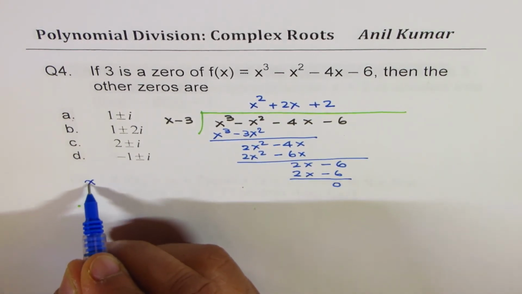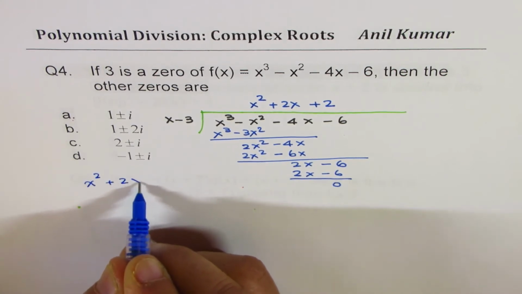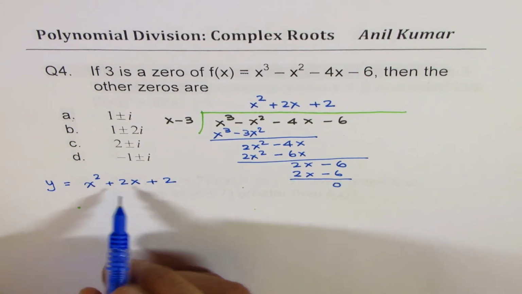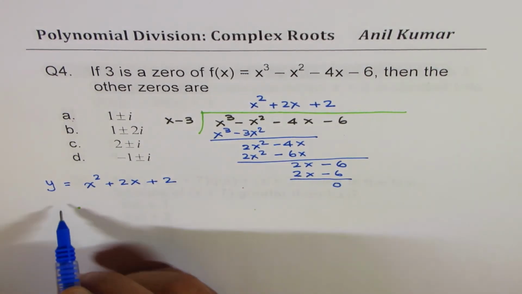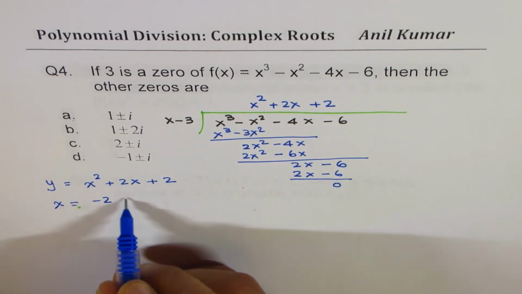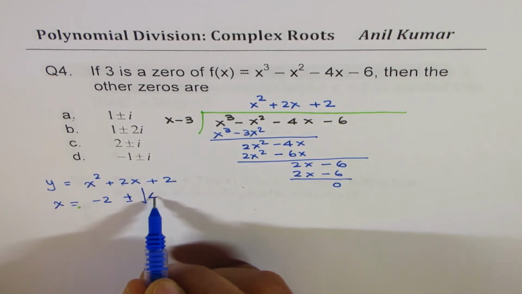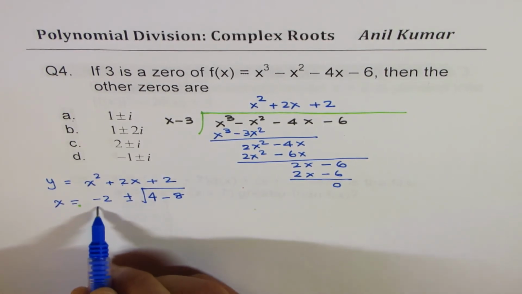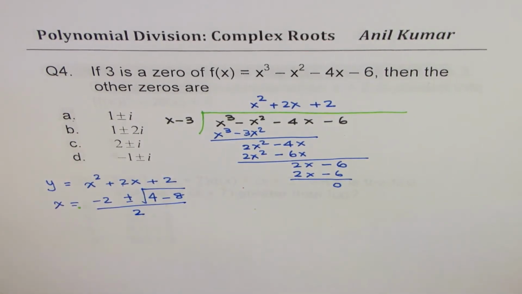So we have to factor x squared plus 2x plus 2. So we can use the quadratic formula here. x is equal to minus b, which is minus 2, plus minus square root of b squared, which is 4, minus 4ac, which is minus 8, over 2 times a, so that is 2, right?